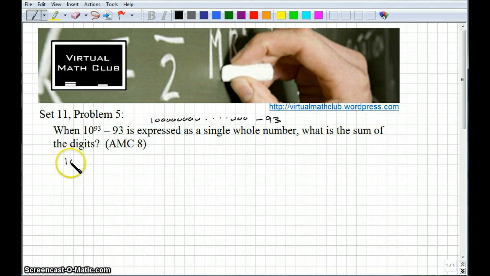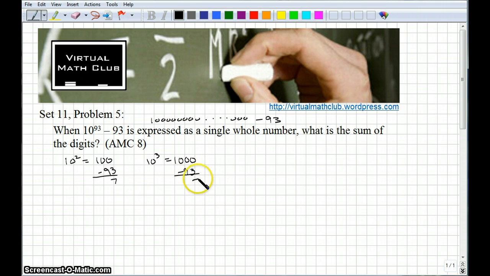You could start with something like this. You have 10 squared is equal to 100, right? And if we subtract 93 from that, we would just have 7. 10 cubed is equal to 1,000, a 1 with 3 zeros. And if we subtract 93 from that, what do we get?